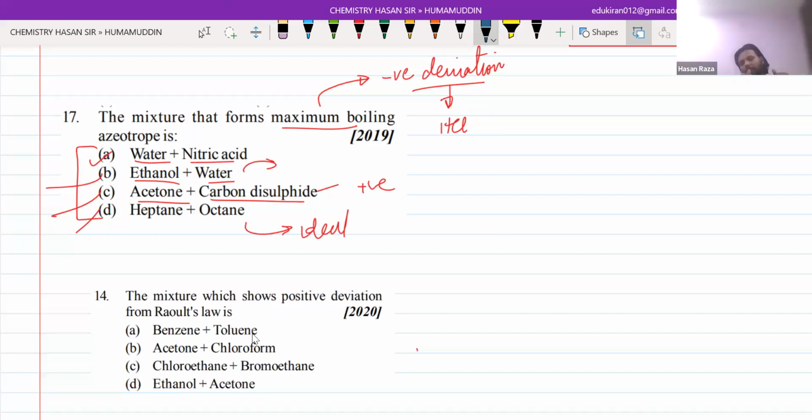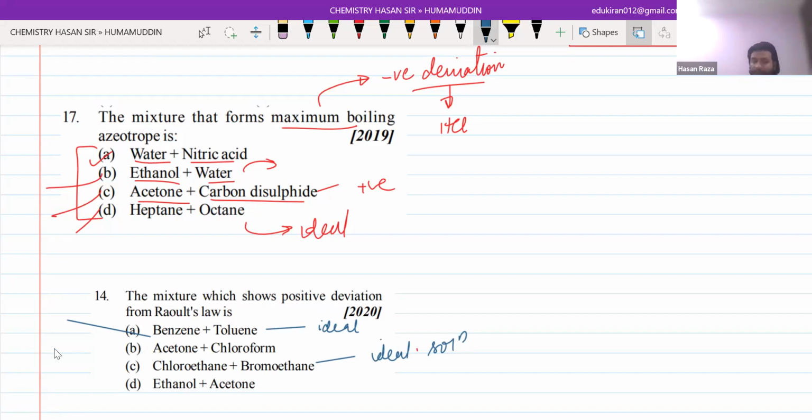You can look in the options as well. See, benzene and toluene is an ideal solution because both are the same. Chloroethane and bromoethane is also an ideal solution. Now, acetone plus chloroform. If you look in negative deviation, is acetone plus chloroform there?